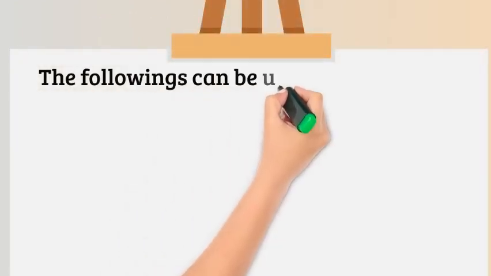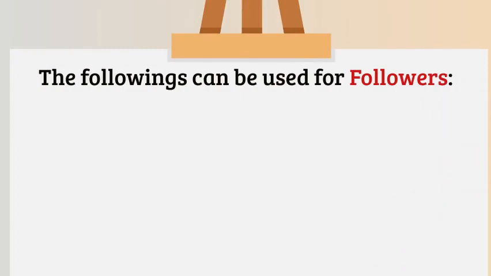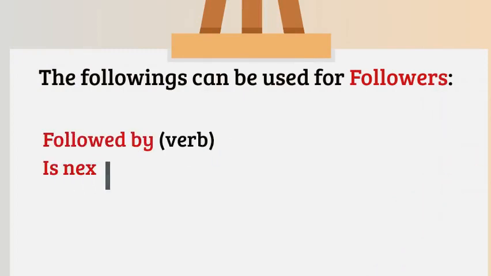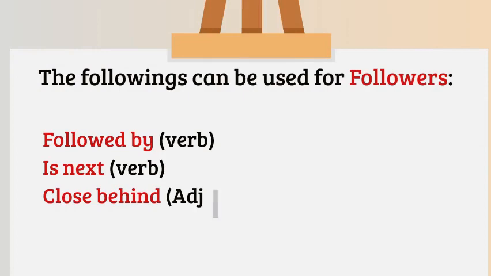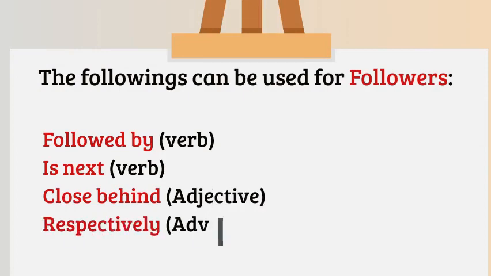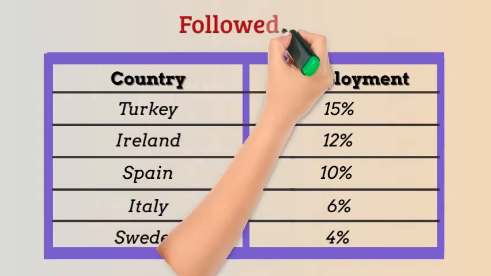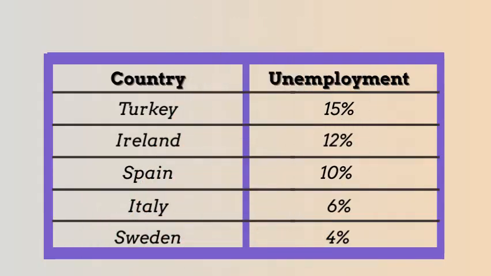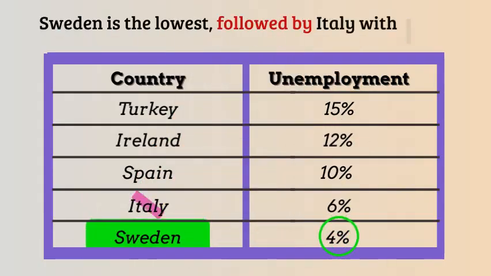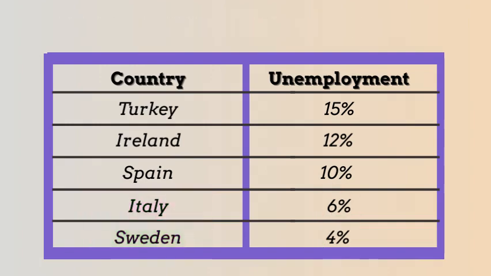The followings can be used for followers: followed by, is next, close behind, respectively. Followed by. Sweden is the lowest, followed by Italy with 6%. Is next.